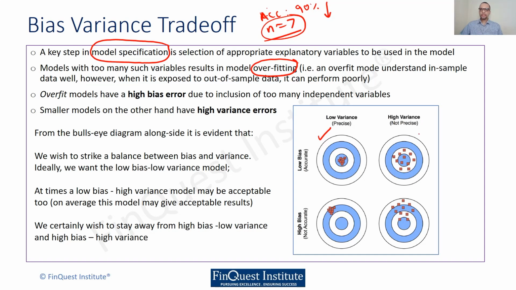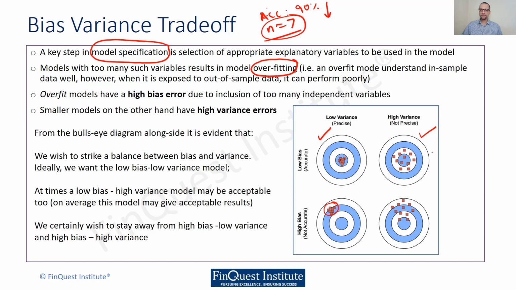Next, we have low bias and high variance. Still, I would say it's not that bad, because we do have these points distributed along the bullseye. It's not exactly centered on the bullseye, but they're more or less in the vicinity. So still not a bad choice. However, whenever we have high bias and low variance, or high bias and high variance, if you observe, whenever there's a high bias, these points are grouped together but away from the bullseye.